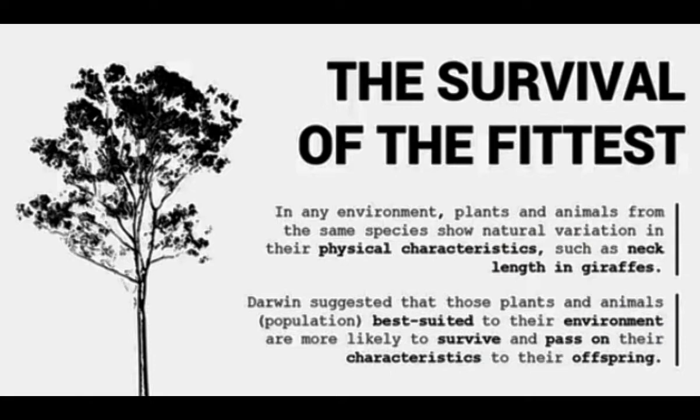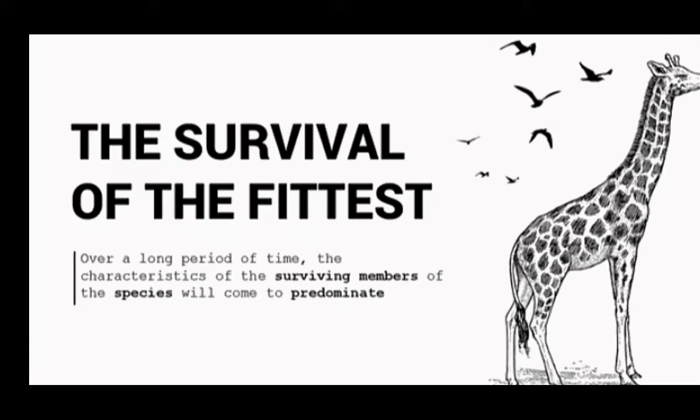In any environment, plants and animals from the same species show natural variation in their physical characteristics, such as neck length in giraffes. Over a long period of time, the characteristics of surviving members of the species will come to predominate.